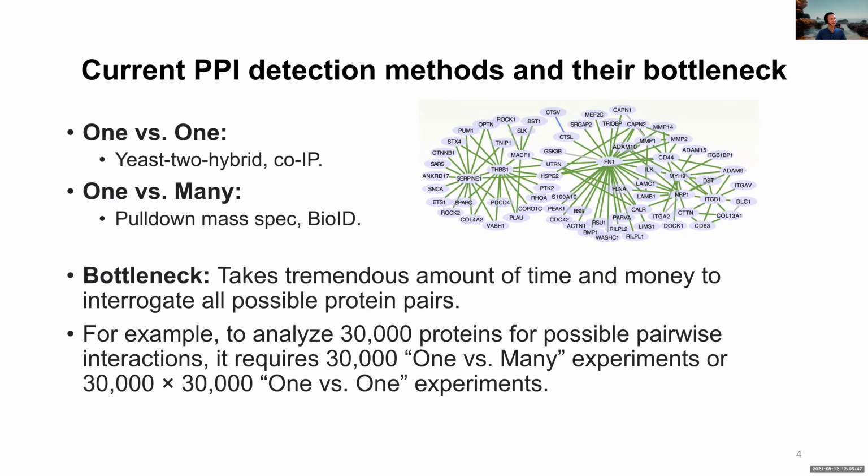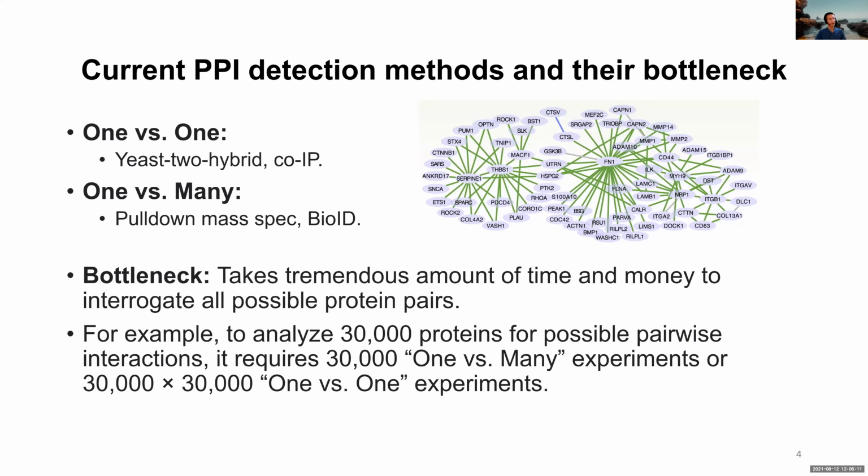The one class, I would like to call them 1 versus 1, that would discuss a pair of proteins for their interaction at a time. This class would include yeast two-hybrid methods, co-IP methods, taken the sub-network of some protein-protein interactions on the right-hand side.